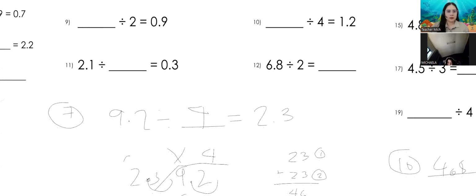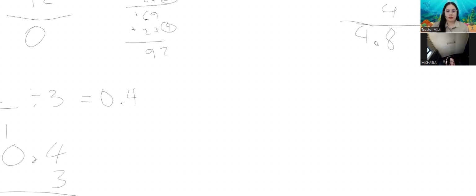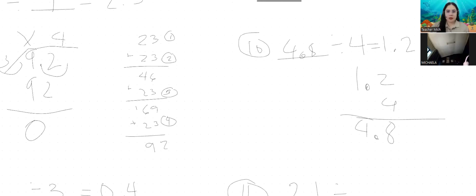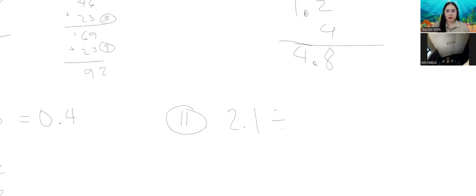Number 11. 2.1 divided by blank is equal to 0.3. Again, Micaela dear, what is the missing term? Which is missing?